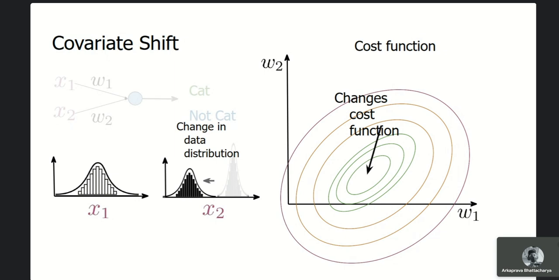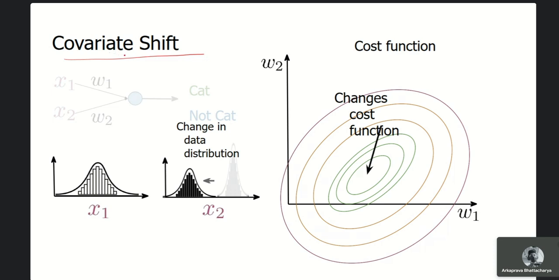So before we move to batch normalization, another problem with these neural networks is that you always train your neural network on a training data set, and then you put it into test for a test data set. But the distribution of the training and test data set might be very different. So your neural network might be working well for your training data set, but it might not work for the test data set. And that is what we call covariate shift, that is, the change in distribution.